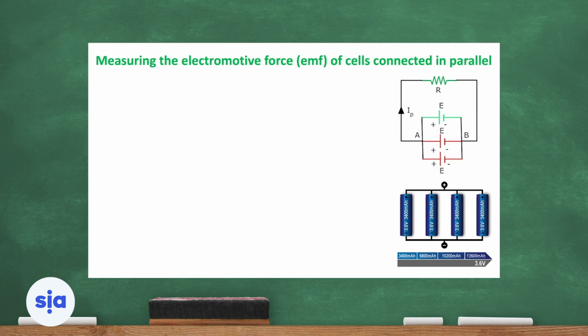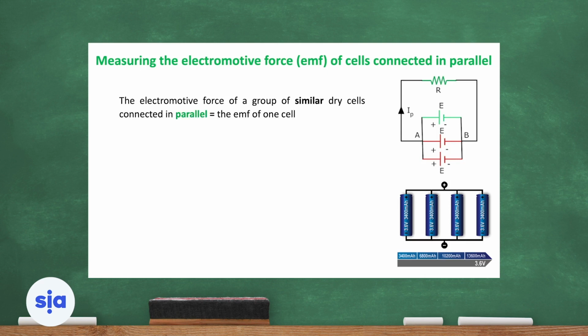How can we measure the electromotive force of cells connected in parallel? If they are similar dry cells connected in parallel, the electromotive force is the force of only one of them. So the E battery, the electromotive force of the whole battery, equals E1.